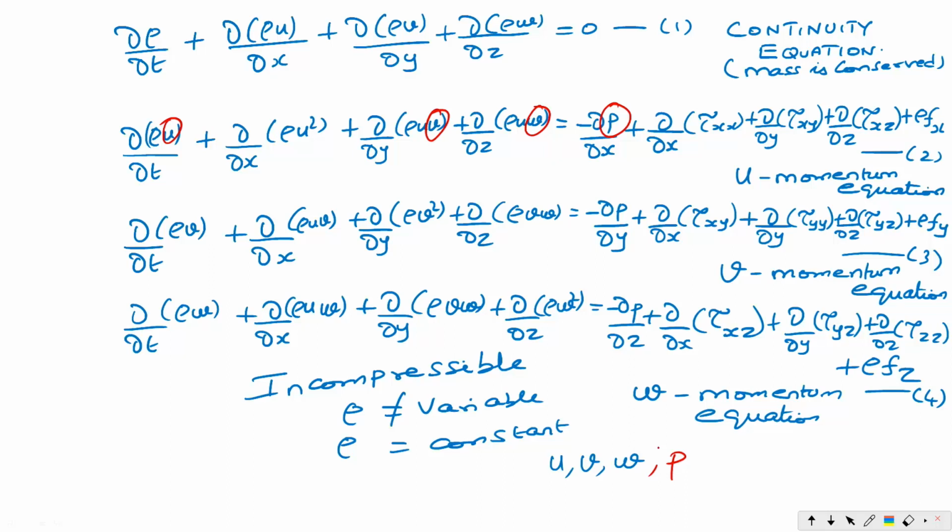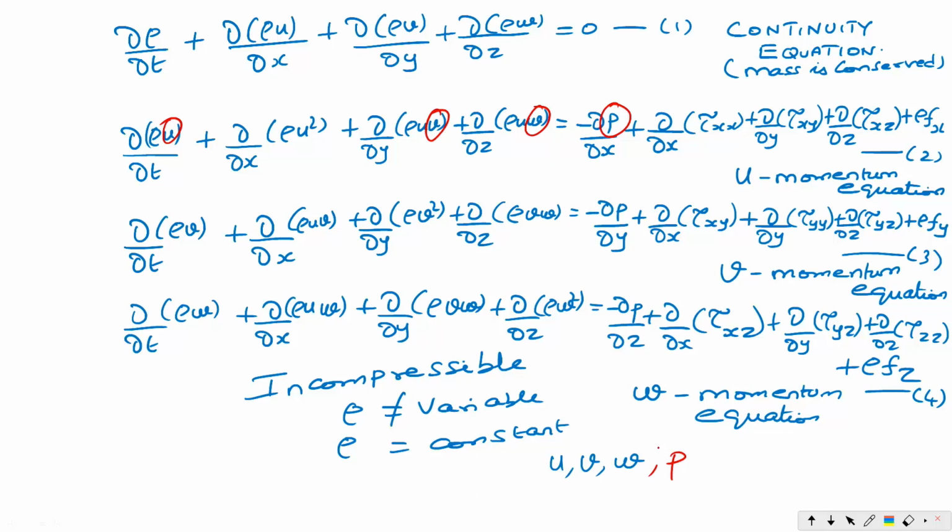So we may think that the closure has been satisfied. There are 4 equations, 4 unknowns. We can solve it and easily get the value of u, v, w and p. But it's not quite simple like that. Because of this, I will omit continuity now and have only momentum. Let us forget about the continuity equation and have only the momentum equation.